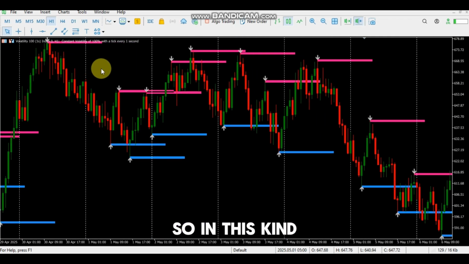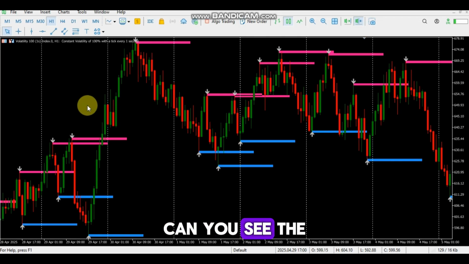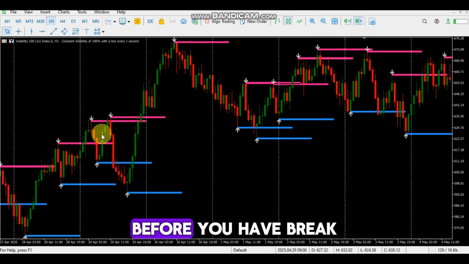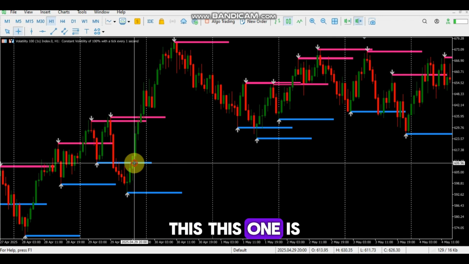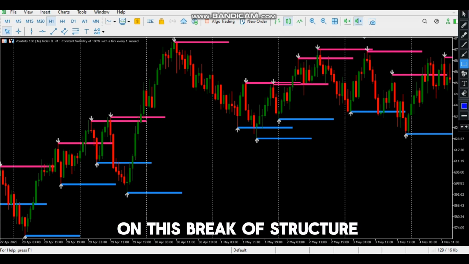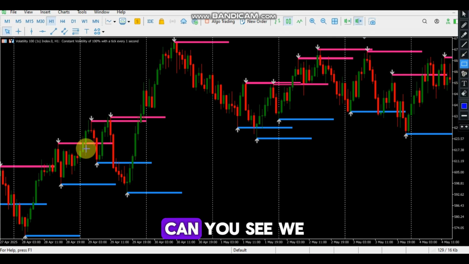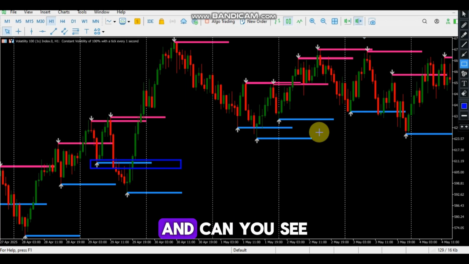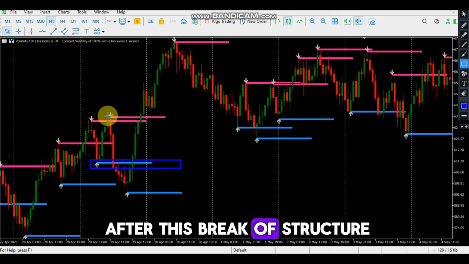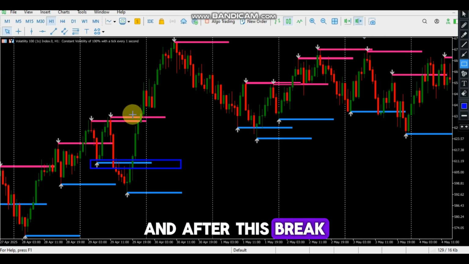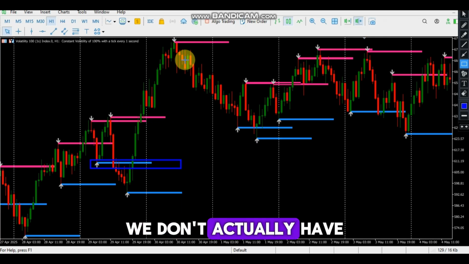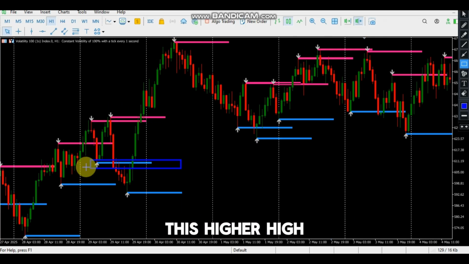Yeah, so in this kind of situation, can you see the last one before you have a break of structure is on this place. This one is on this break of structure. Can you see we have it here? And can you see after this break of structure, this is the one that pulled out this break of structure, and after this break of structure, we don't actually have any other one that breaks this higher high.